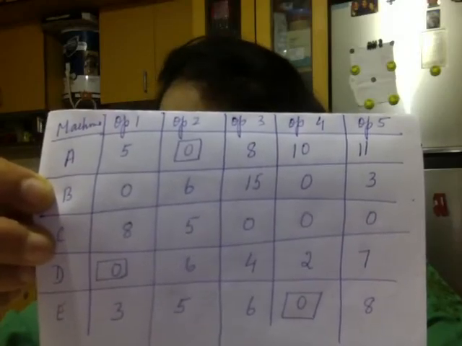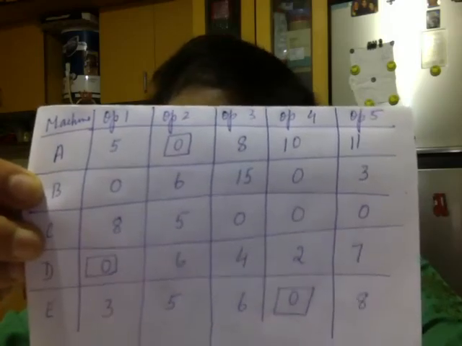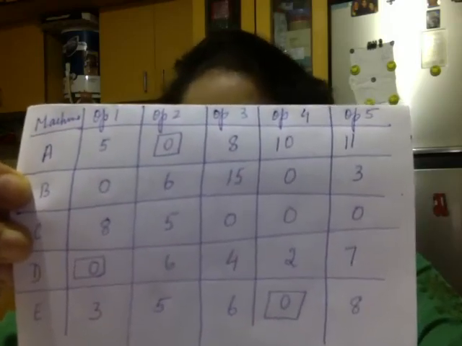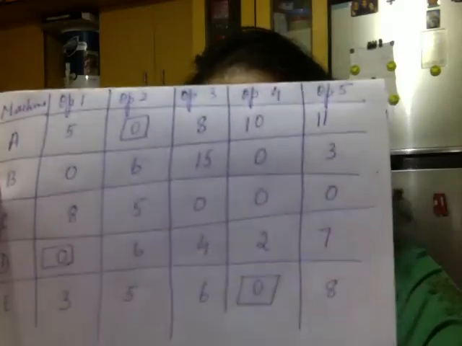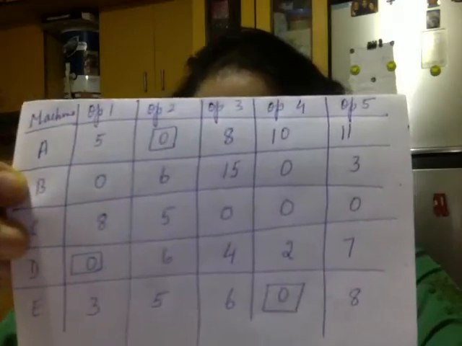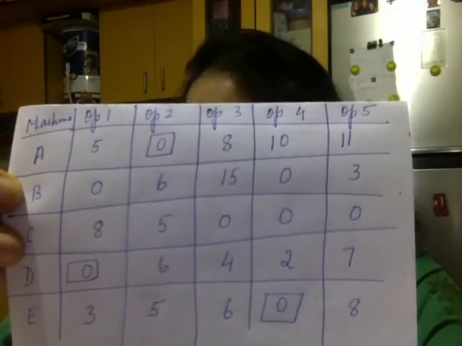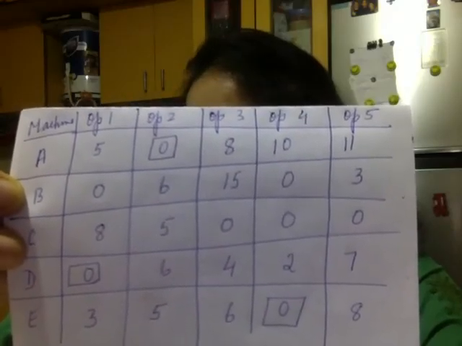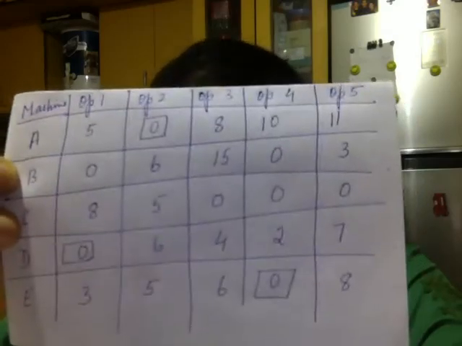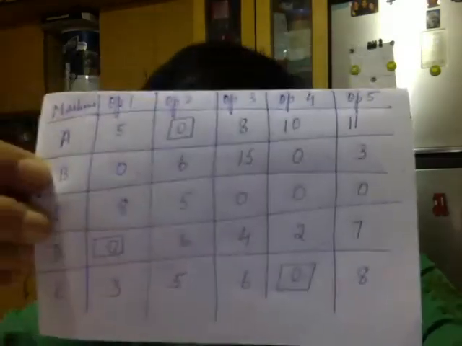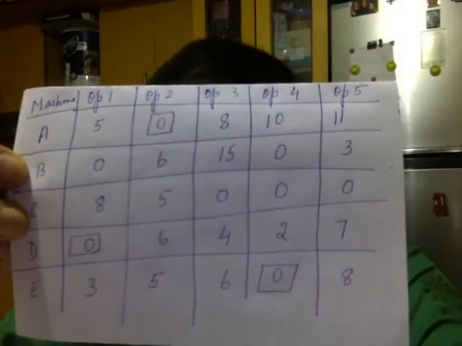Alright. Now what you're supposed to do is, you have to draw lines. Please understand. You have to draw lines such that you connect all the zeros. Now you look at column 1. How many zeros does it have? It has two zeros, isn't it? So we can join column 1.